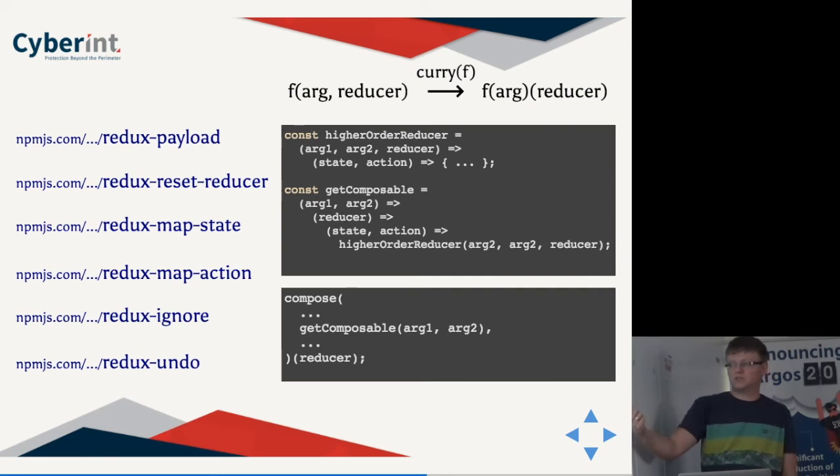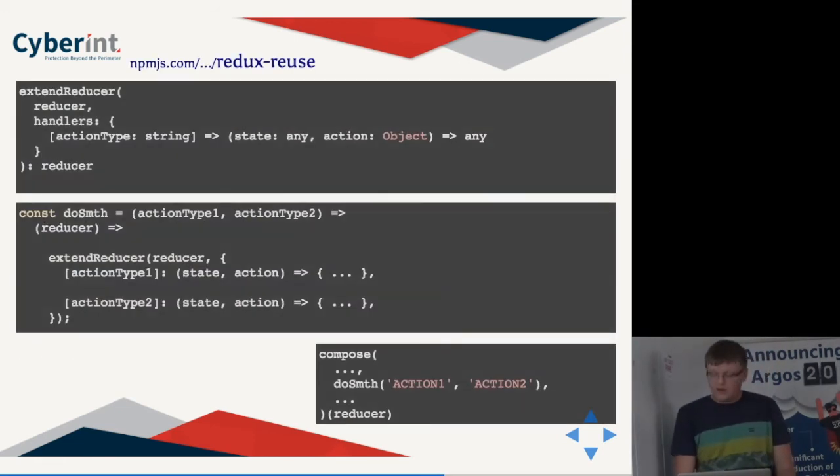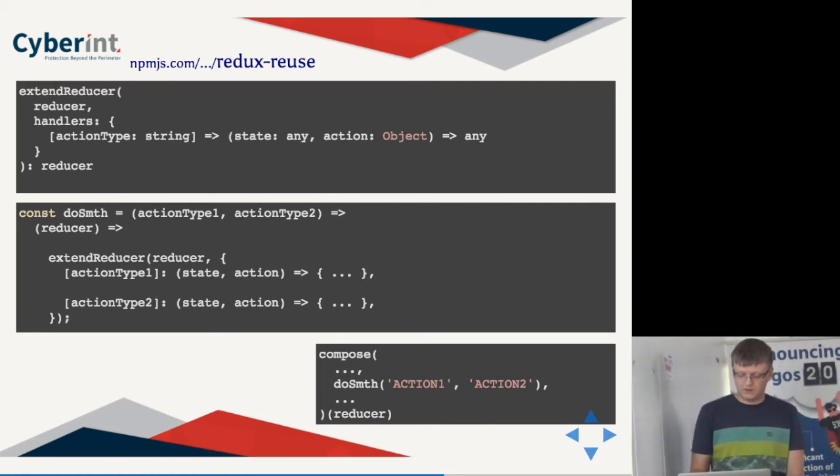So we just set it up and then use it in composition. In Cybernet we also use our helper function to build composable high-order reducers called extend reducer. At the top, you can see the signature of extend reducer. It accepts a reducer and a map of reducers keyed by action type, and produces a reducer with the logic from this passed map of handlers.